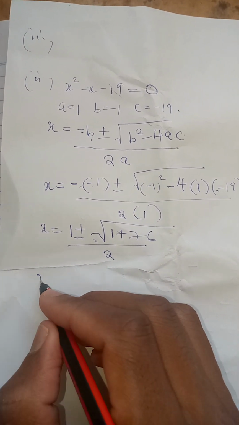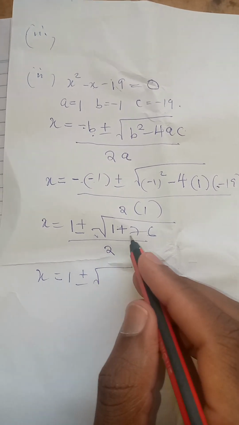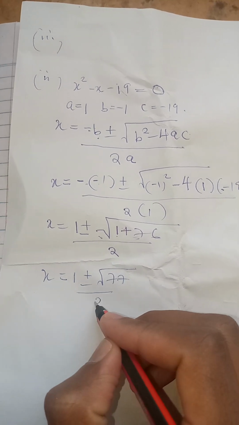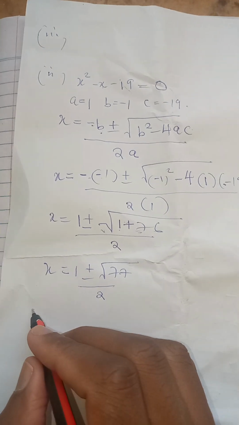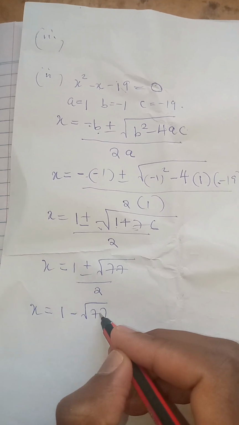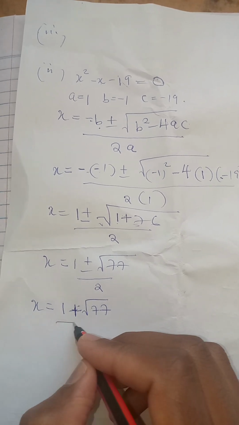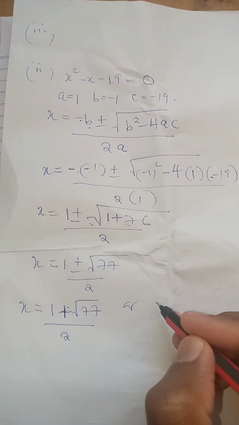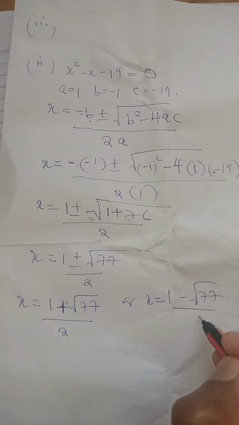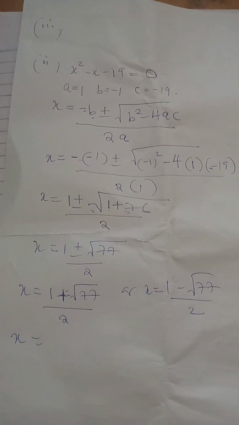So x is equal to 1 plus or minus the root of 1 plus 76, that is 77, over 2. Let's separate the sign. So x is equal to 1 plus the root of 77 over 2, or x is equal to 1 minus the root of 77 over 2.